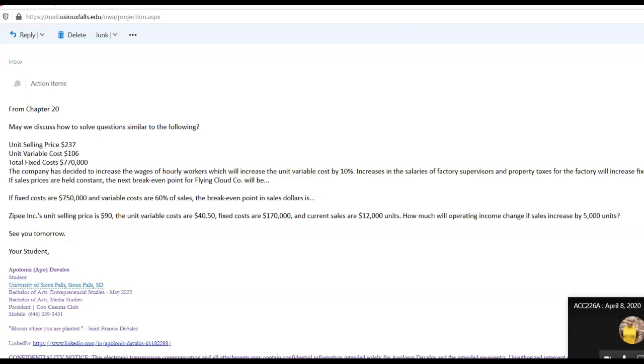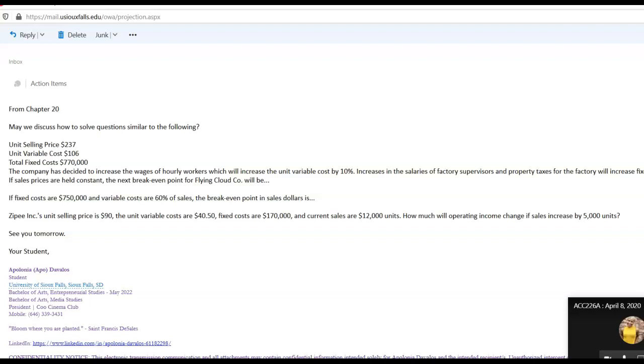The variable cost is 106. Total fixed is 770. Now this problem is going to be different for each and every one of you on Cengage, but let's just do the overall big picture. It says the company has decided to increase the wages of hourly workers, which will increase the unit variable cost by 10%.